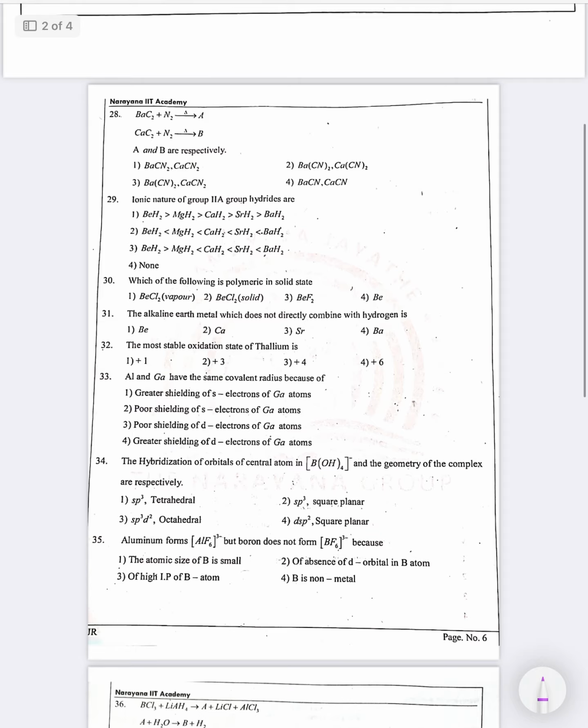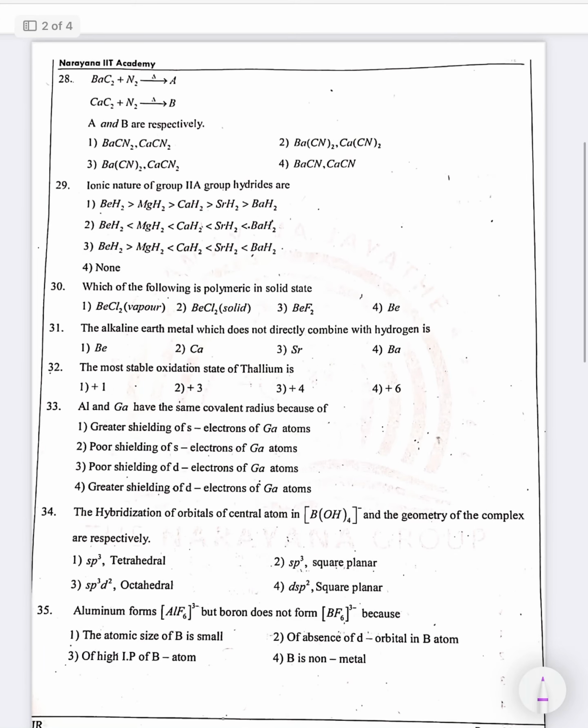Next. Question number 28. BaC2 plus N2 on heating gives A. So here the A is BaCN2, barium cyanide.